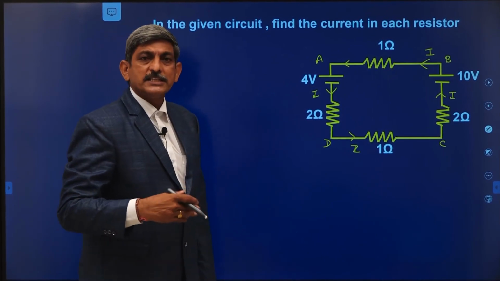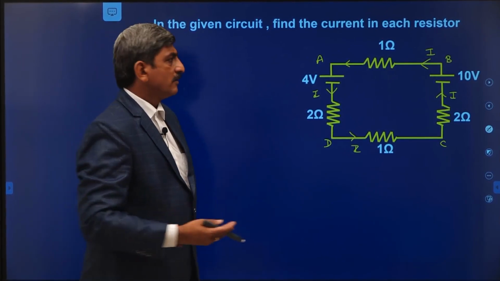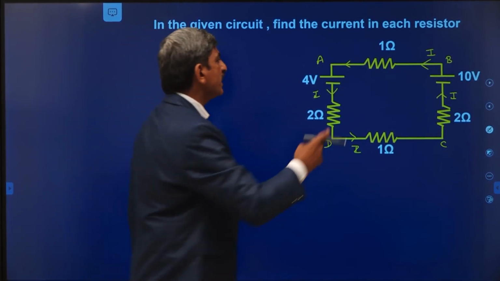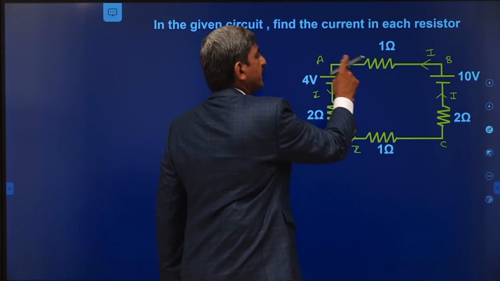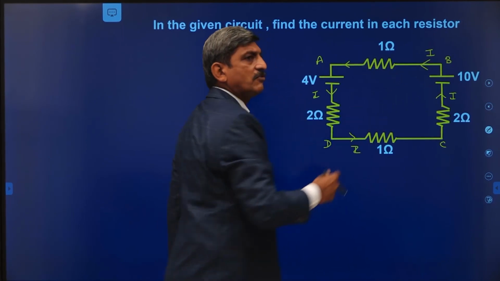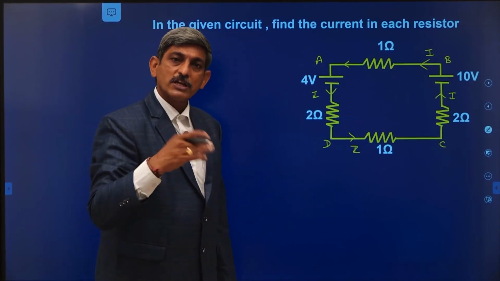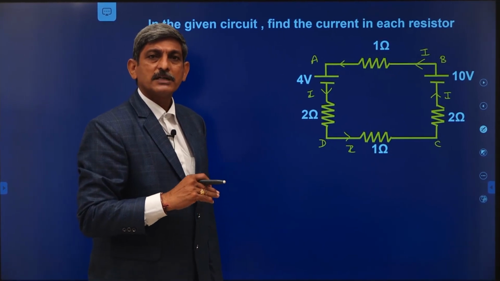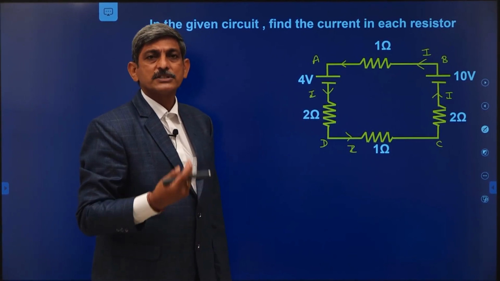To apply Kirchhoff's voltage law, first of all we have to assume the currents. If instead of assuming the current along this direction, we assume the current in the reverse of this, then also you will get the answer, but with a negative sign.